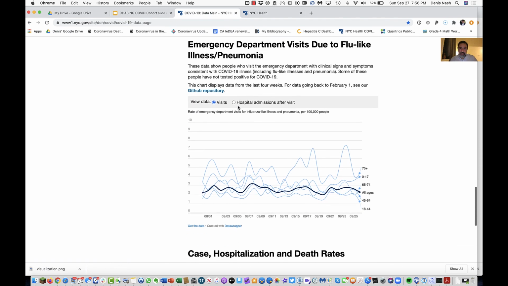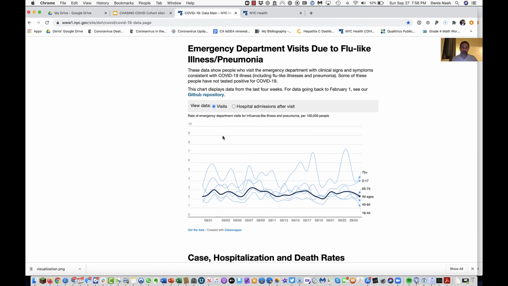And here are the syndromic surveillance data that I mentioned. This is showing the trends in emergency department visits for influenza-like illness and pneumonia. And they've broken it out by age. Of course, age is very important for this, because we know that older people are more affected and more at risk for a bad outcome, given that they've been infected with the virus.